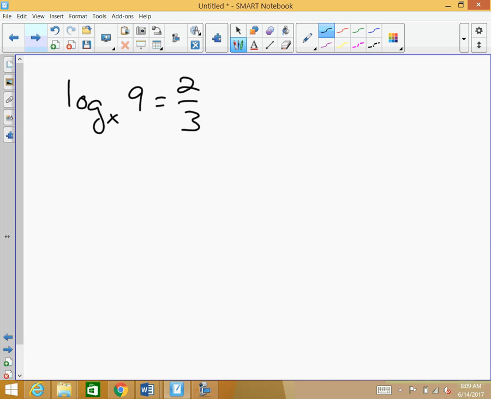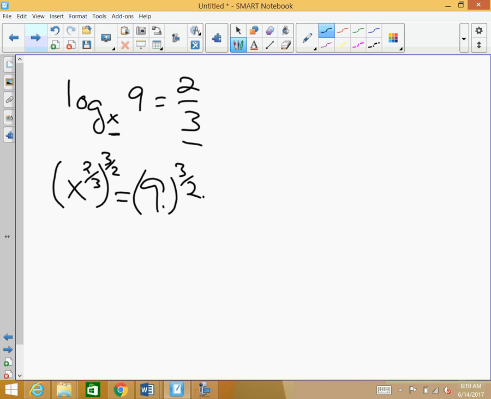Now here I can just use my exponential function and work backwards. So I have x as my base, and 2 over 3 is the exponent, and that's equal to 9. So once I have this, then I can just do the reverse. I can just go to the power of 3 over 2 and power 3 over 2.